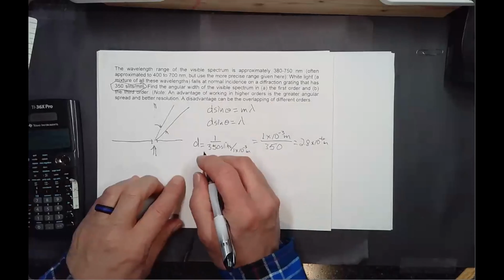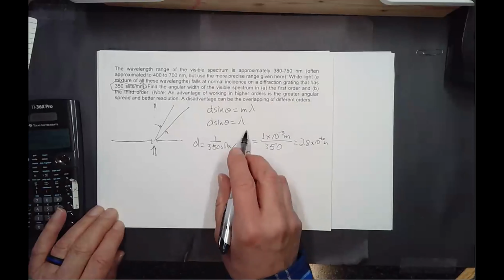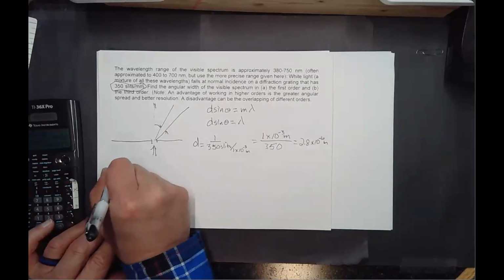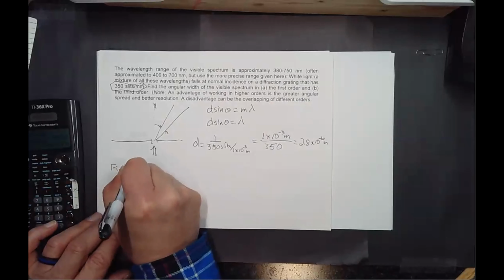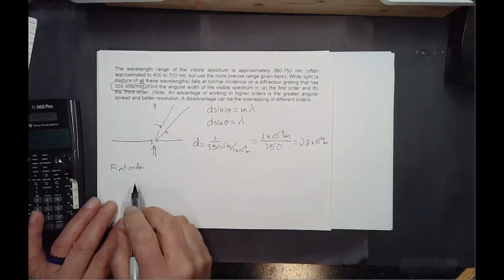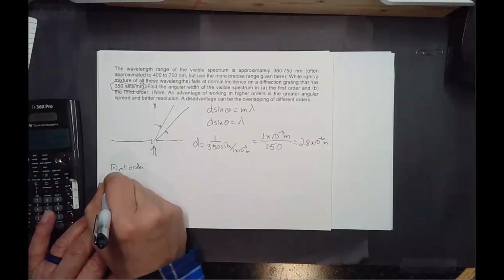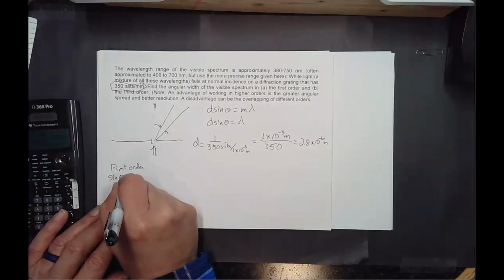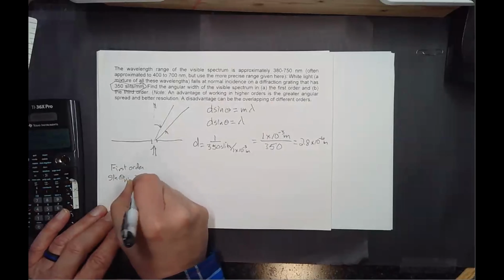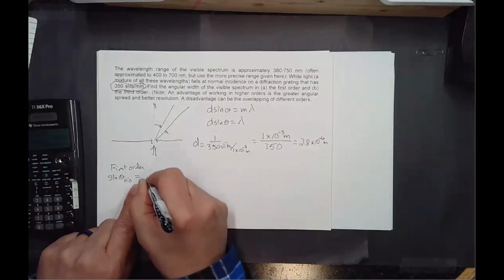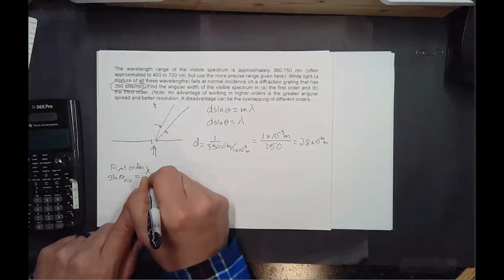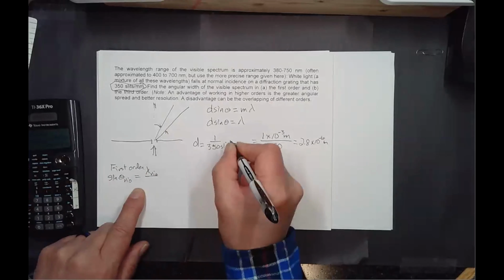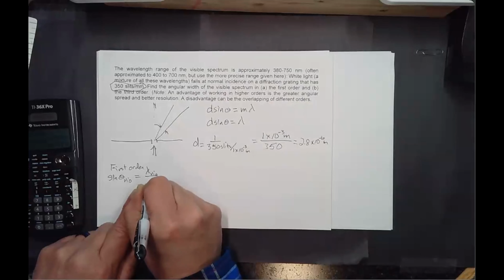And let's figure out for that first order maximum there, and we'll make a column for that. We would have the sine of theta violet equal to just lambda, the wavelength of the violet light, divided by d.